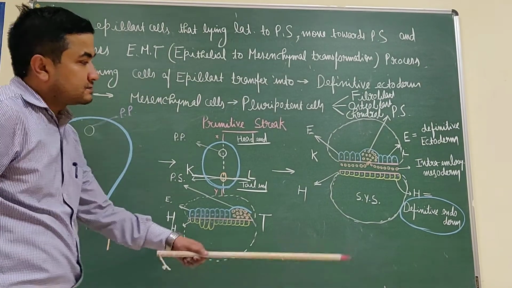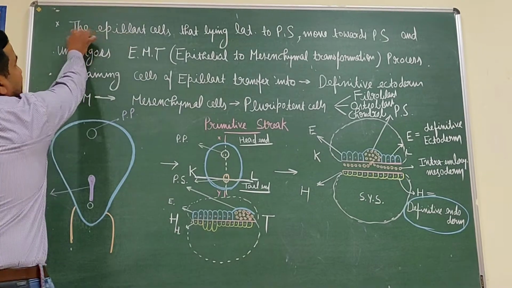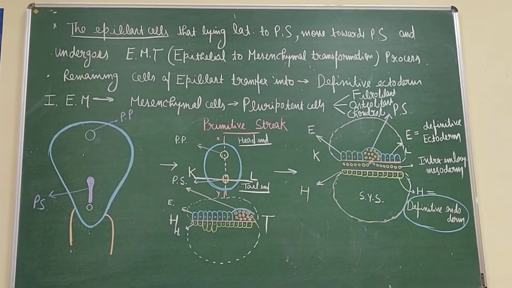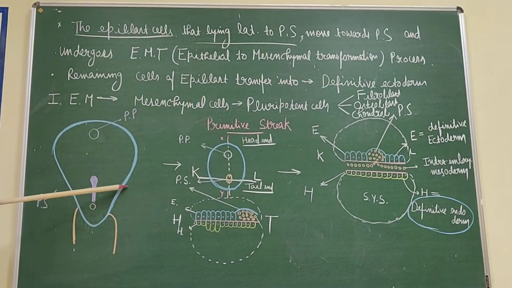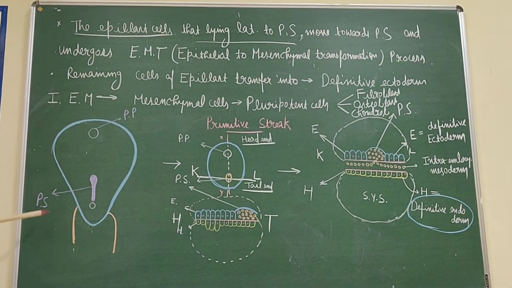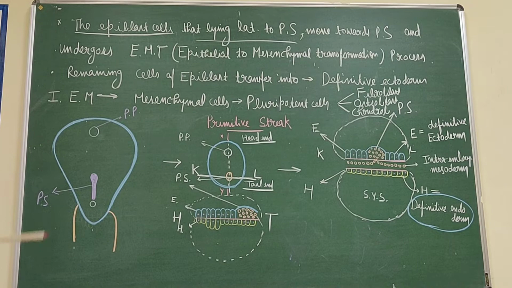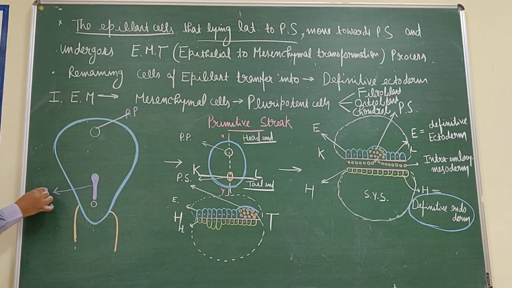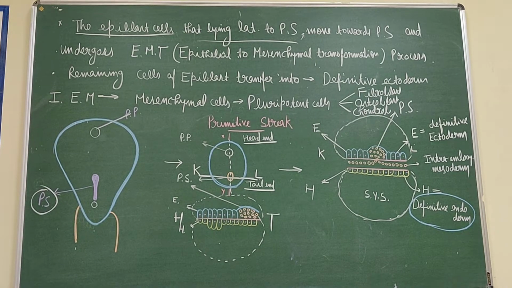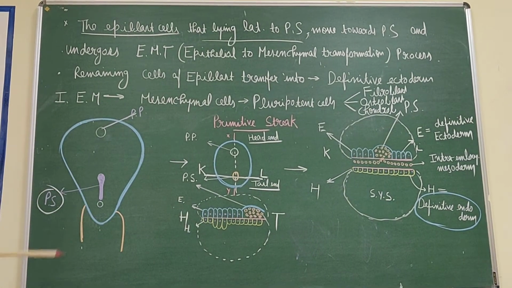Now, the epiblast cells that lie lateral to the primitive streak. This is the pear-shaped embryonic disc. This is the prechordal plate, and this is the primitive streak. It becomes a linear structure.